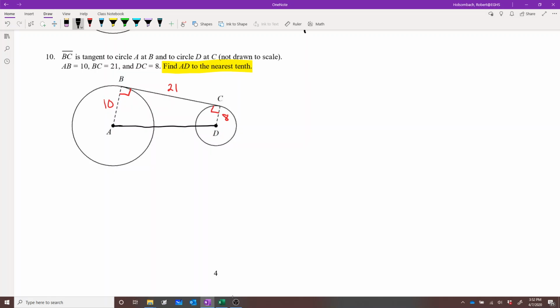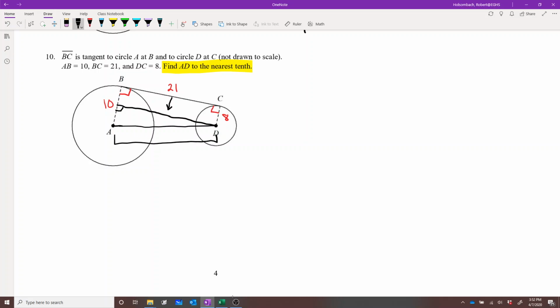So we're going to use the very same principle. Alright? If we have a segment that's perpendicular to two other segments, if we take this B to C and we slide it down until the right side hits point D, then this segment is going to look just like this, and it's going to be perpendicular to AB as well. It's still going to be 21 units long, and we need to find this distance.